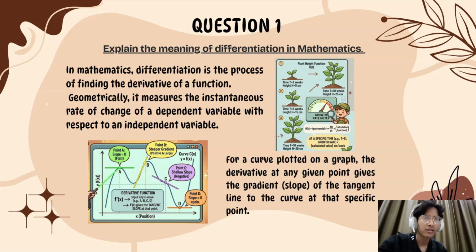As you can see right here, at point A the slope becomes 0, which is flat, and at point B it is going upward, so the slope becomes positive, while at point C the slope is going down, so the gradient becomes negative, and point D is the same as point A, which is 0, and it becomes flat again.